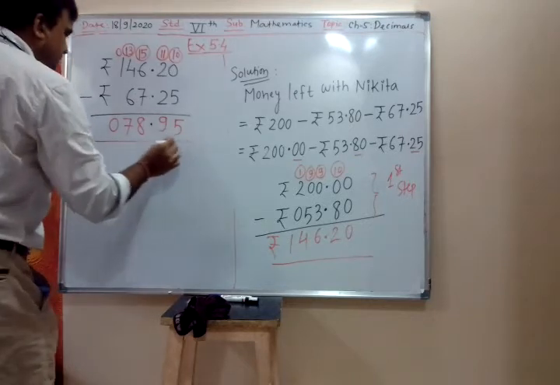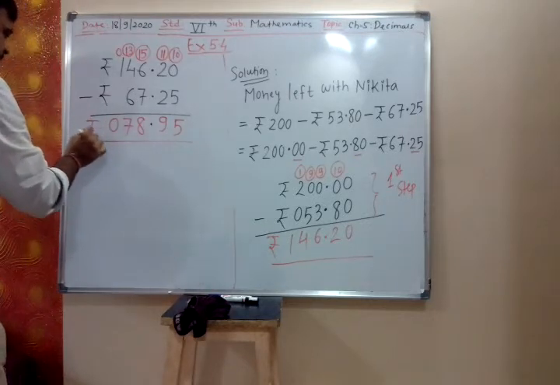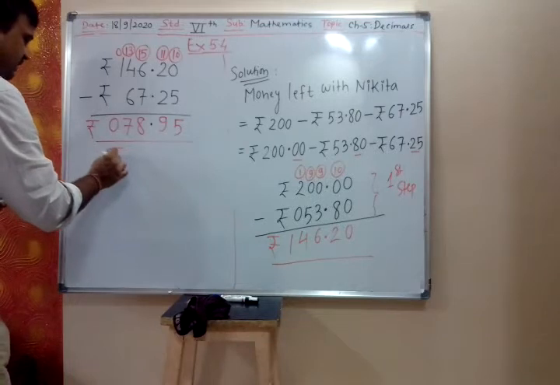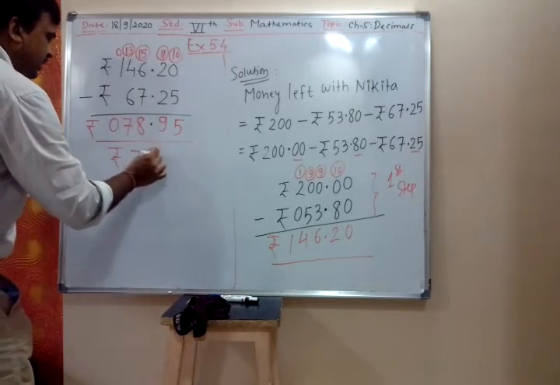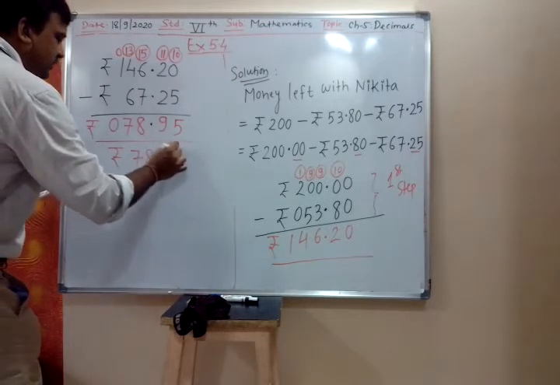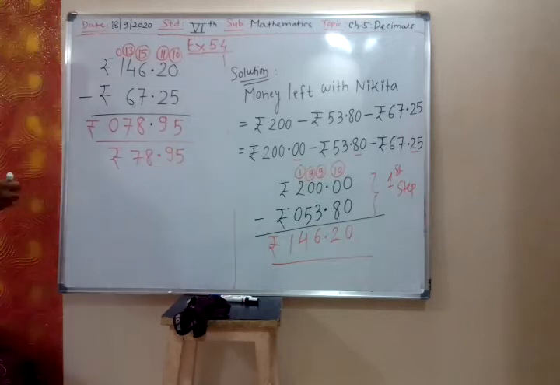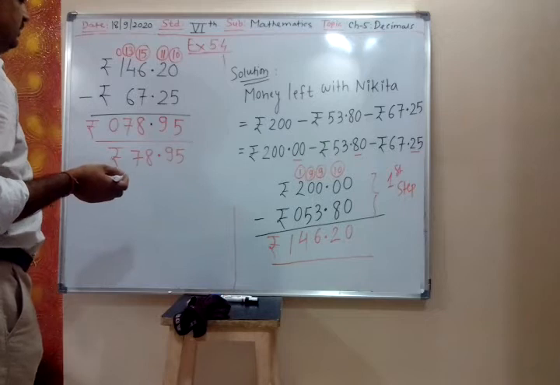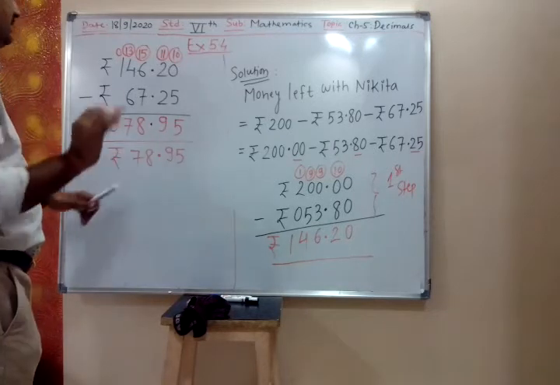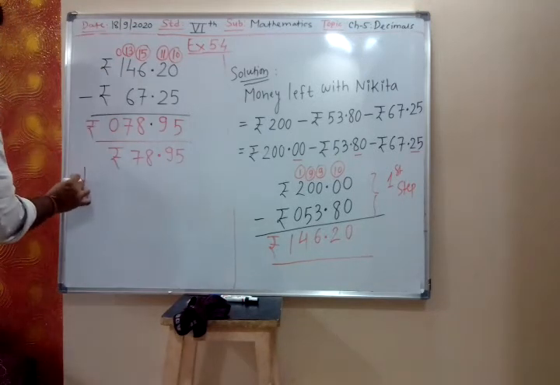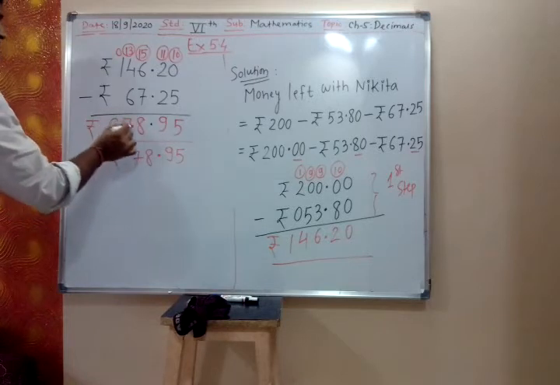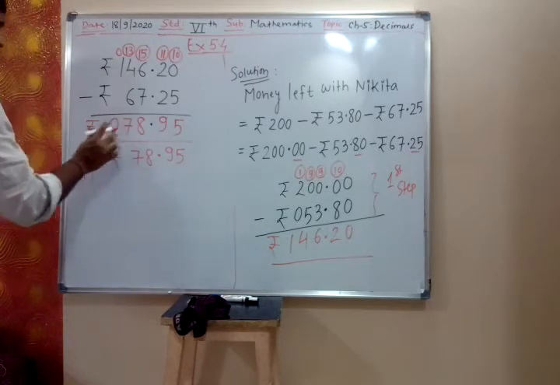So that is rupees 78.95. We write 0.95 paise. So money left, 0.78, we write 78.